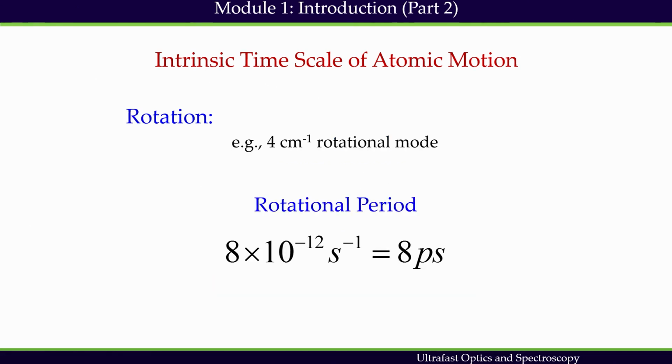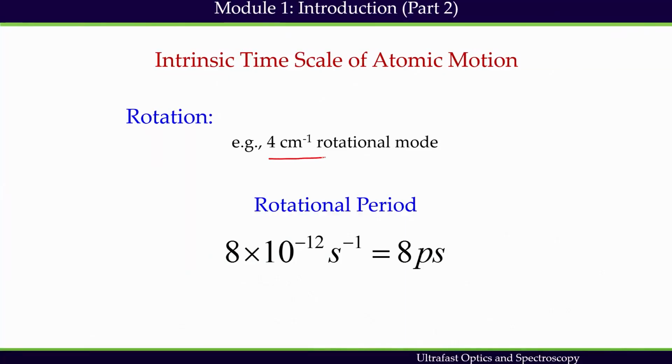Then we look at the typical time scale for rotation. Let's say I have a CH4 molecule, which has a C, then 3 hydrogens organized here and 1 CH bond here. With respect to this CH bond, this CH3 group can rotate, and if this is rotating, what is the time scale of this rotation? That is exactly what we are trying to find out. Those kinds of rotation have an energy of 4 wave number.